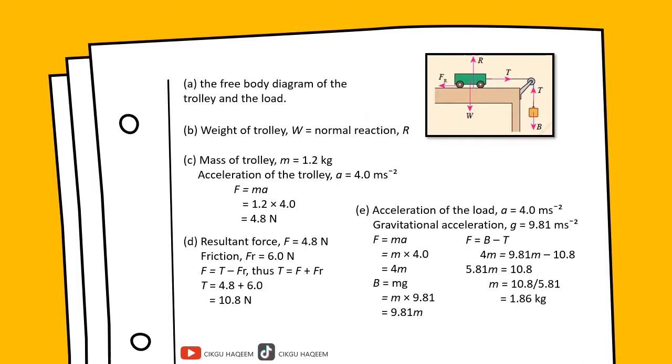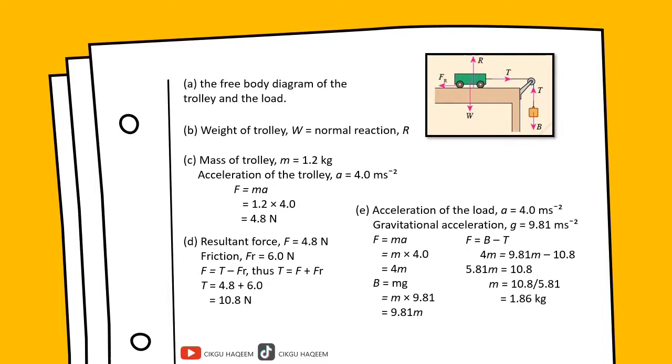Why minus? Because we assume the tension is moving to the right and positive, and the frictional force is in the opposite direction to the left, so it will have a negative sign. So tension minus frictional force, and thus tension is equal to resultant force plus frictional force. So tension is 4.8 Newton, resultant force, plus frictional force 6.0 Newton. So the tension force in the string is 10.8 Newton.